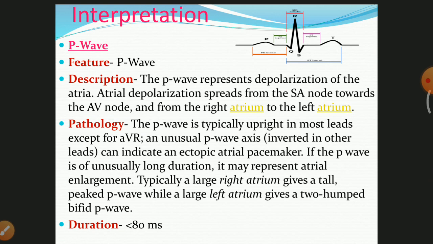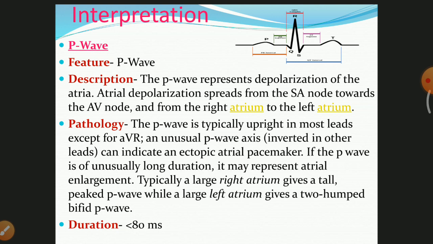Pathology: the P wave is typically upright in most leads except for aVR, and an unusual P wave axis, inverted in other leads, can indicate an ectopic atrial pacemaker.